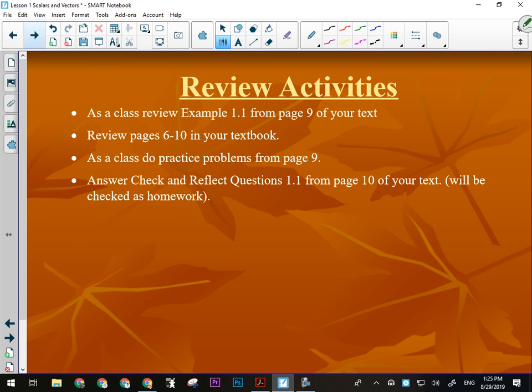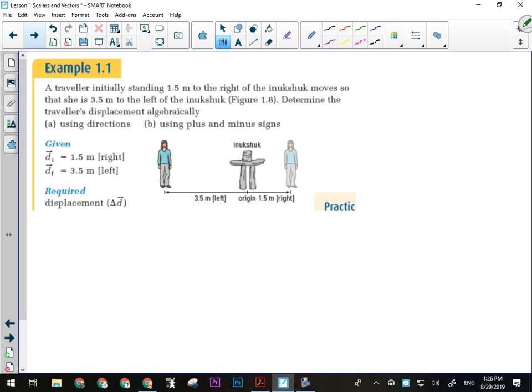So we're going to go over a few really easy questions here to review these concepts. Let's say I've got this person who is initially standing 1.5 meters to the right of this Inukshuk here. So this is where they start out. That would be their initial position. A little while later, they are 3.5 meters to the left of the Inukshuk.